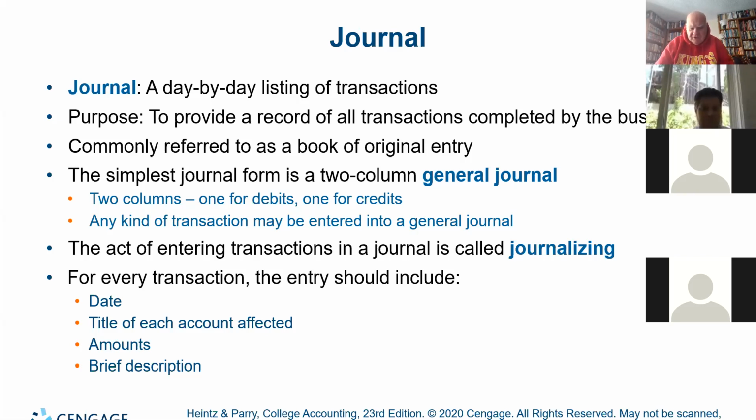And there are 2 reasons why this description or explanation is really important. Reason number 1, you are not going to remember just by looking at the journal entry what you were doing. You're not going to remember that far back. So you pull the entry and you say, well, let's see here. We debited electricity and we credited accounts payable.